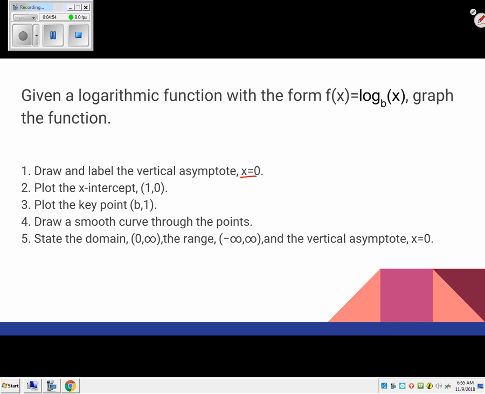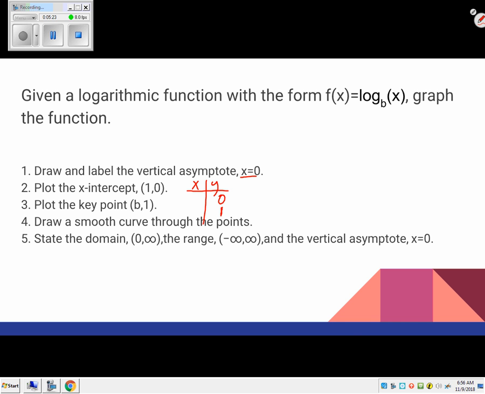Okay. And then from there, I think it's going to be easier to consolidate steps 2 and 3 into a table. Now, if you remember, back when we graphed exponentials, we plotted -1, 0, and 1 in for x every time. I'm going to shorten that just a little bit. Instead of doing any negatives, again, the whole idea of switching my x's and y's, I'm just going to plot 0 and 1 in for my y's.